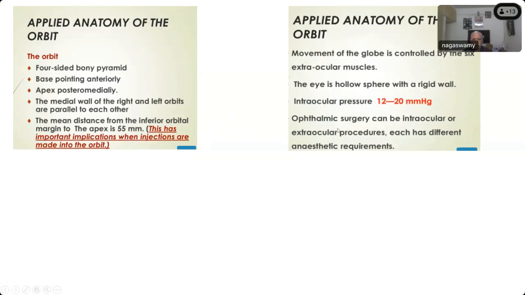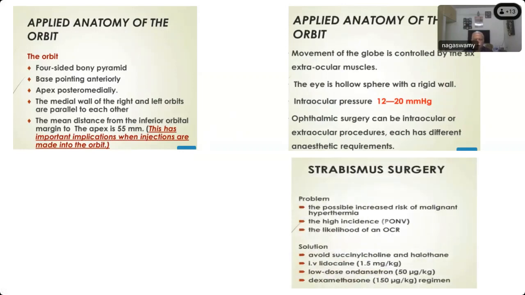Ophthalmic surgery can be intraocular or extraocular. Squint surgery is, of course, a completely extraocular procedure. So there is no fear of any protrusion of the eyeball content by increasing the intraocular pressure.